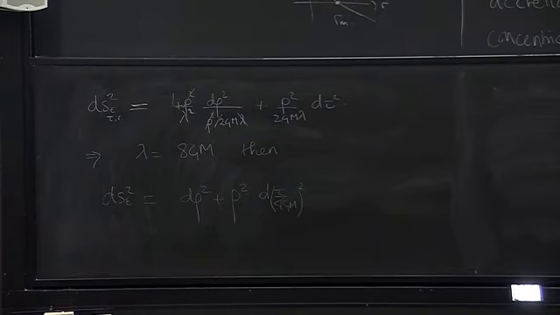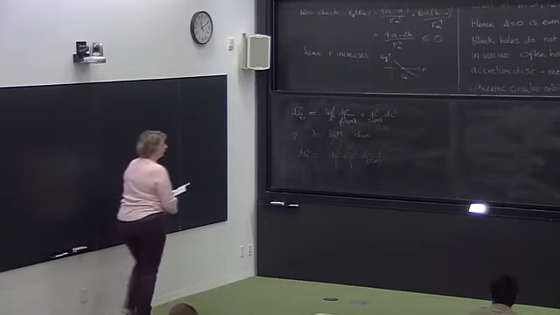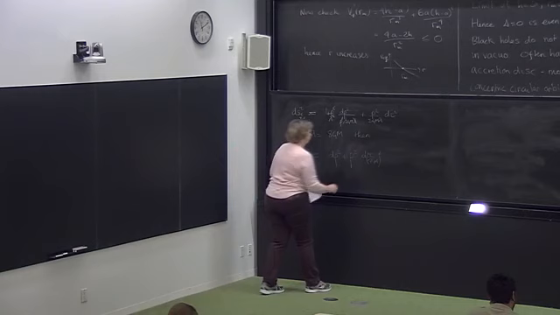So now I've got a proper distance away from 2GM, but the way I've rewritten the time coordinate makes it look like rho squared d theta squared.